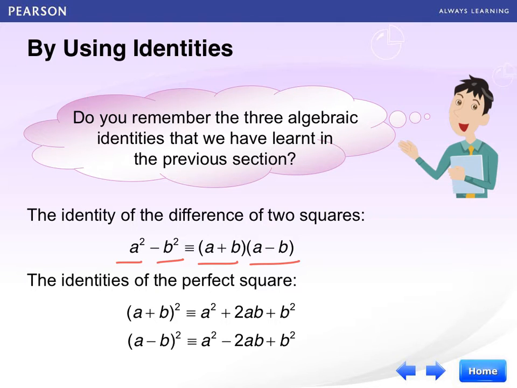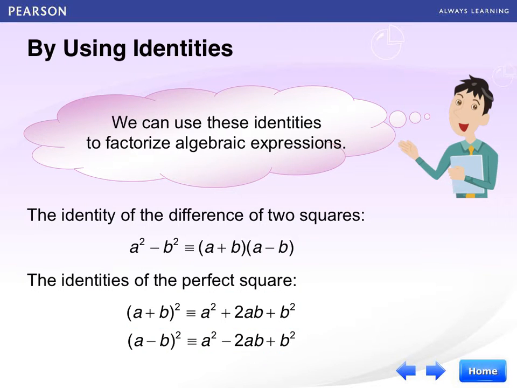And also we learned the perfect squares. a plus b squared becomes a squared plus 2ab plus b squared, and a minus b squared becomes a squared minus 2ab plus b squared. In this part, we would like to focus on using the first one to make the factorization.